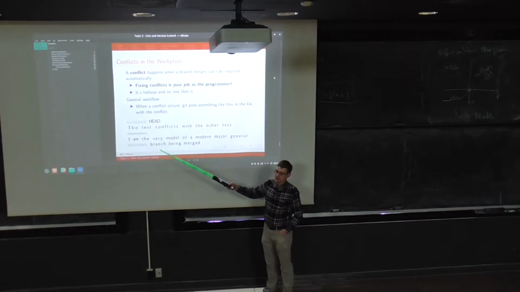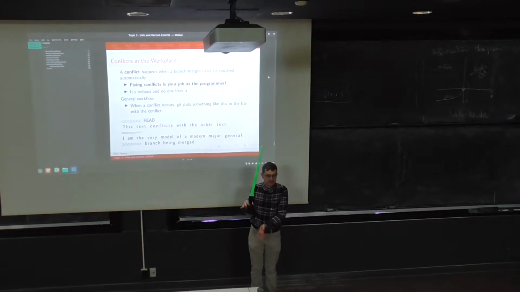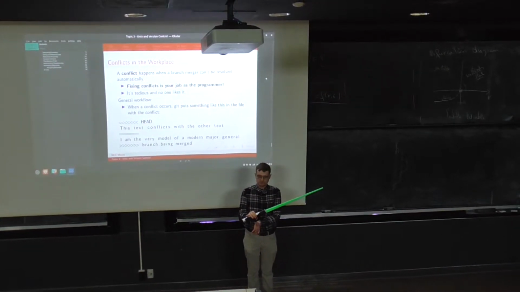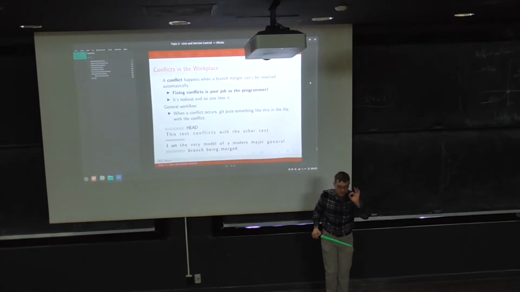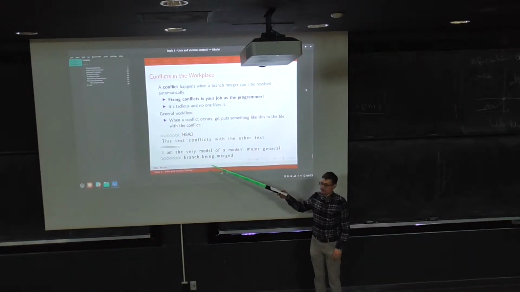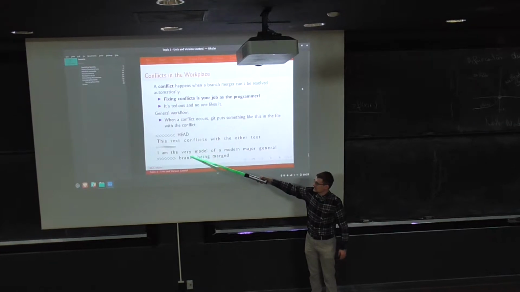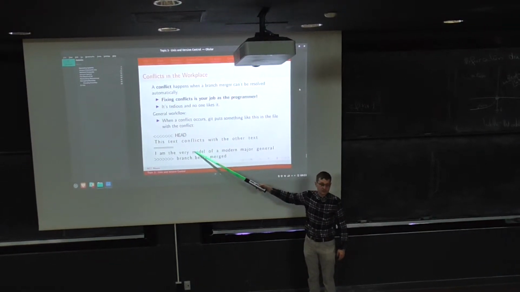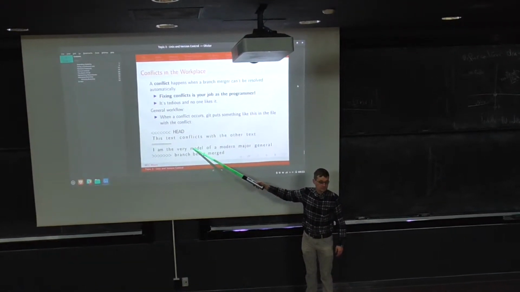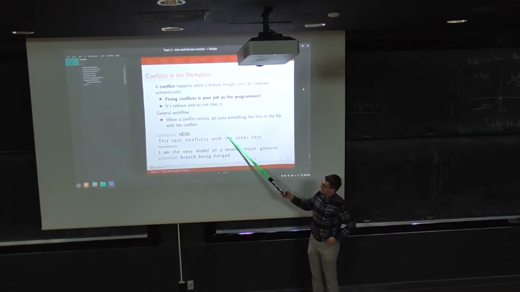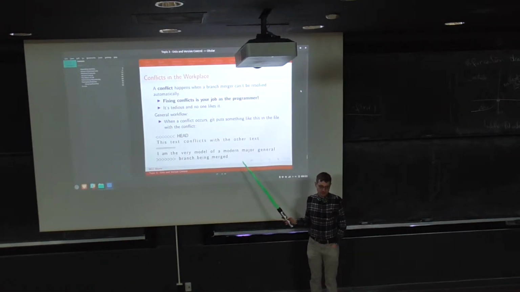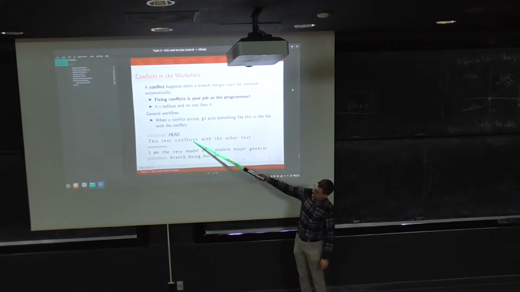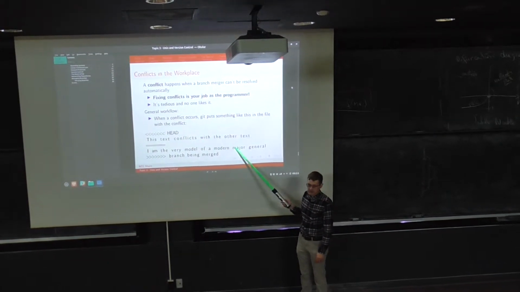These will actually appear as actual characters that Git writes into your file, right? What you have to do is go into the file, delete this, delete this, delete this, pick which one of these two is correct, right? Or put the two on one line, or pick which parts of this are good and which parts of that are good.